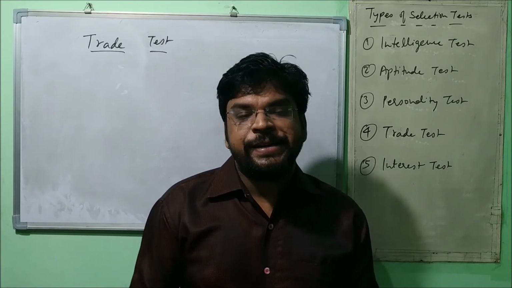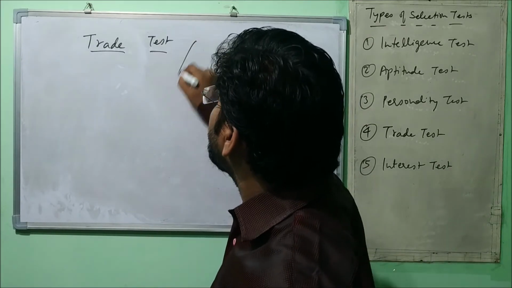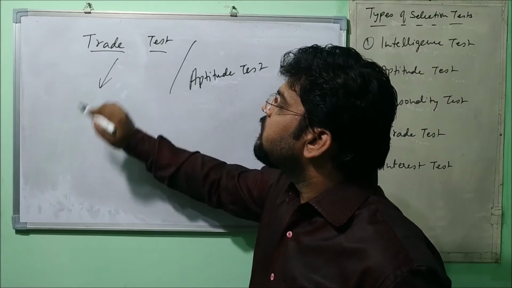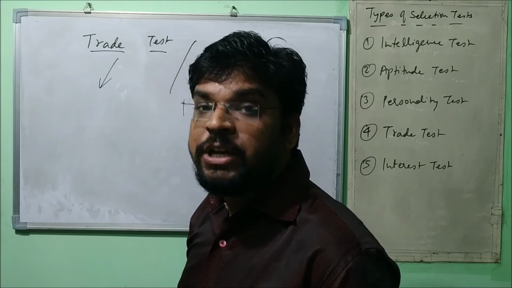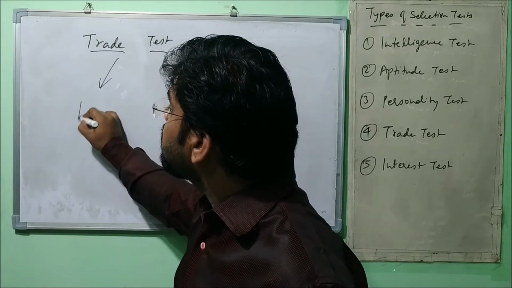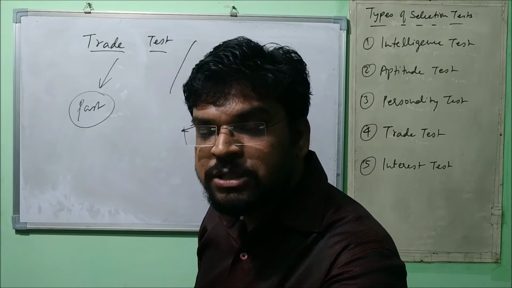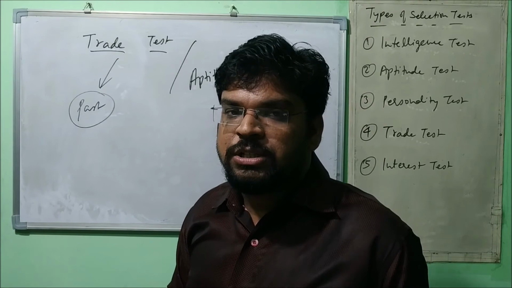Okay. Now here the students get confused between trade test and aptitude test. So let me tell you, the trade tests are there to determine the existing skills of an individual which have been developed in past, right? From the past up to present level, they have worked hard and they possess the knowledge.